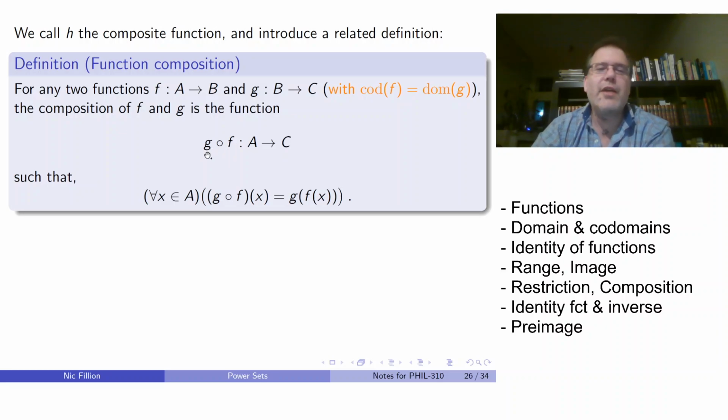That means that you can read it as g after f. And that's supposed to be read as a single symbol, which is the name of that function, that net result.